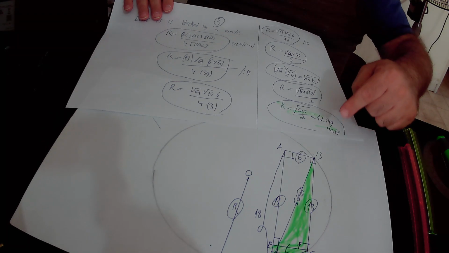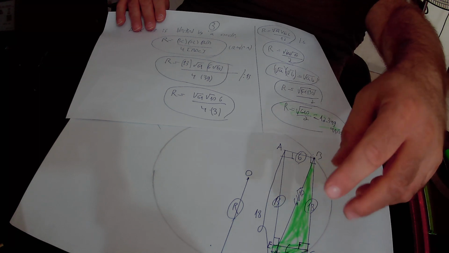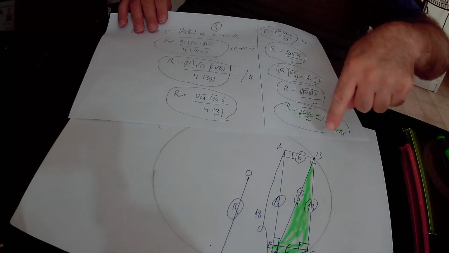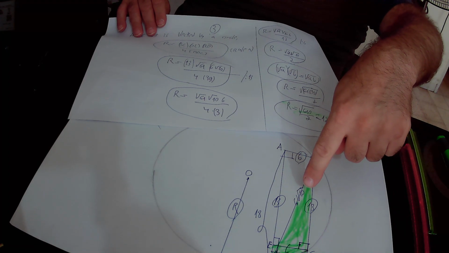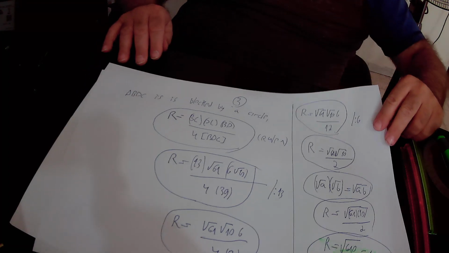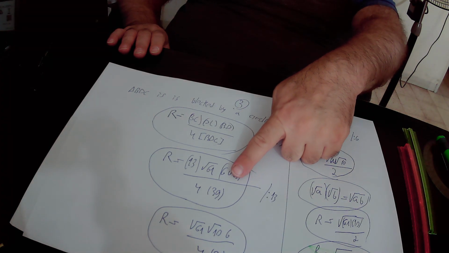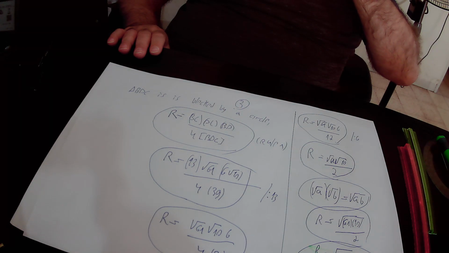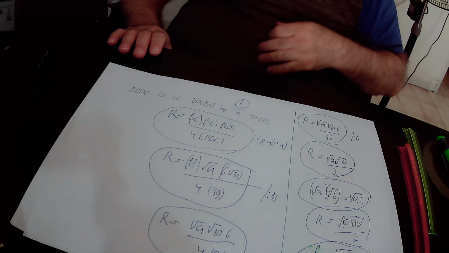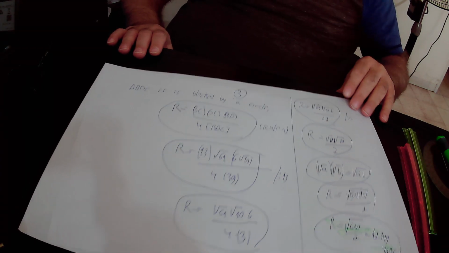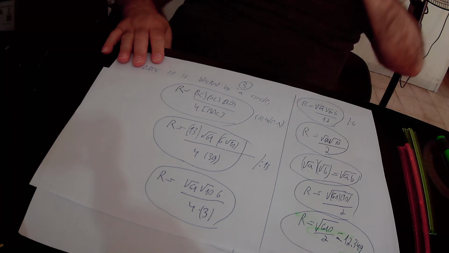Here BC equals 13 units in length, CD equals the square root of 61 units, and finally BD equals 6 times the square root of 10 units. All divided by 4 times the area of the green triangle BDC. But we have already found that the area of the green triangle BDC equals 39 square units. So the answer to the question is that the radius of this circle, capital R, equals this expression.